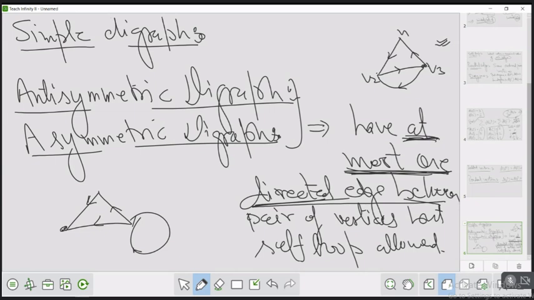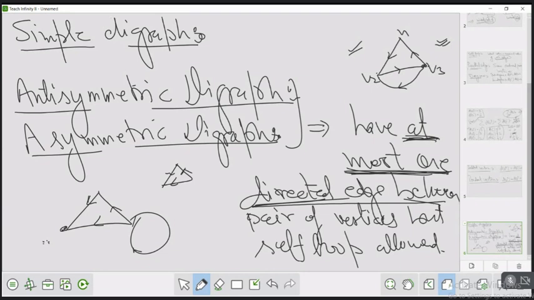I am saying that this one is not an asymmetric diagram, but this one is an asymmetric diagram because every pair of vertices has at most one edge, and a self loop is also counted. This one is also antisymmetric and this one is also antisymmetric.